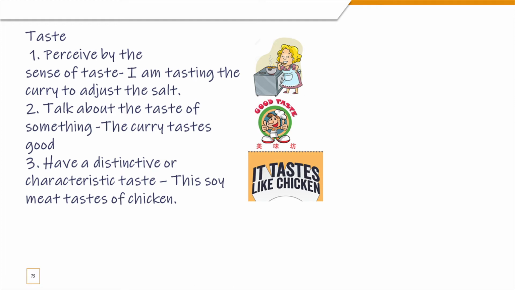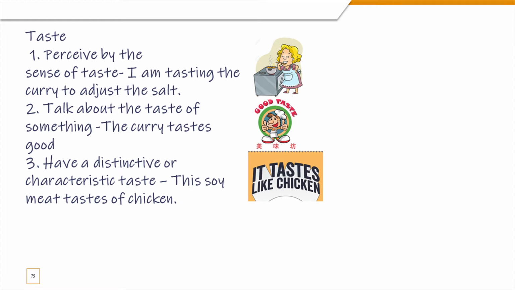Now, if you're talking about the condition of the food, the taste of something, then you say, the curry tastes good. Now, this is the stative meaning. You can't use the ing here, because it's not the curry that's doing the act of tasting. It's the person. And the next one is, have a distinctive characteristic or taste.